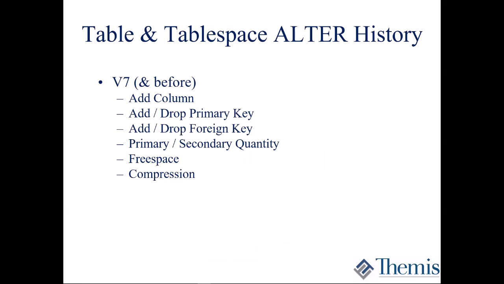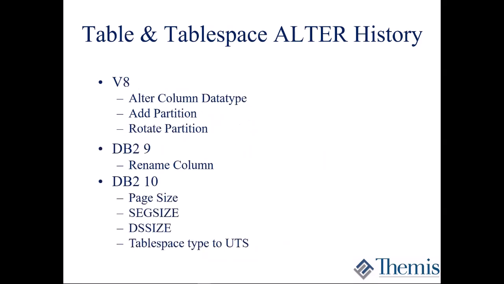So version 8 was the first release where they started tackling this in a big way, and they called it at the time online schema evolution. Just fancy words for you can alter more things without having to drop and recreate. Right? So they gave us in version 8 the ability to change a data type, with a bunch of rules.